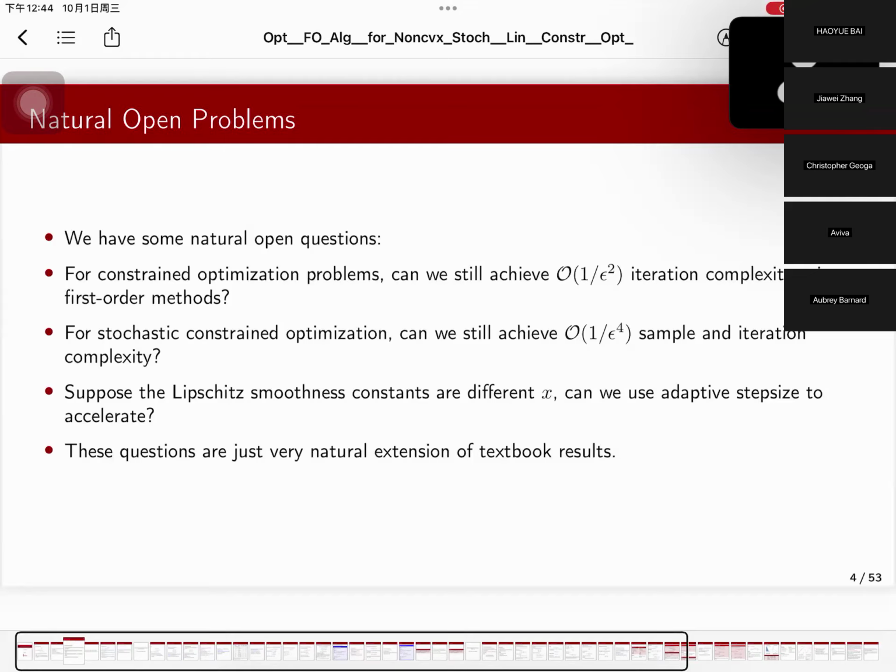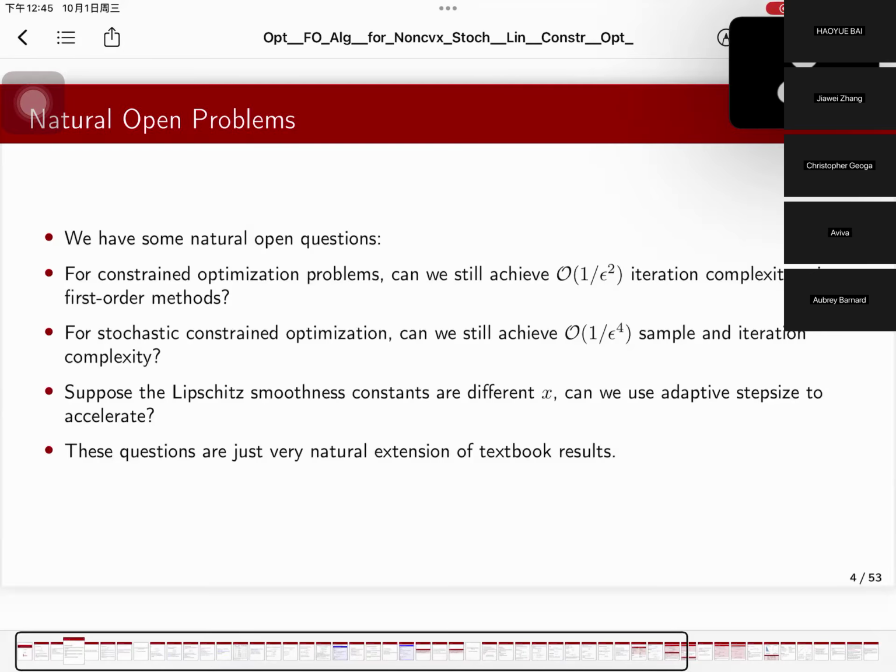But the Hessian matrix can be very different for different x, especially for very large-scale problems. So is it possible to choose an adaptive step size using the local Lipschitz smoothness information to accelerate gradient descent? This is the question I want to answer in the second part.